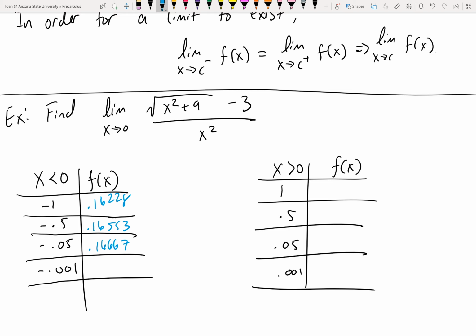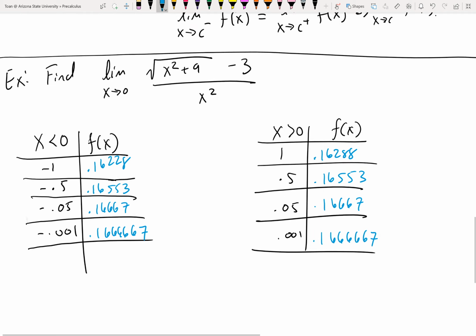Plug in a -0.001, you get 0.1666667. Let's plug in a 1 here. You get 0.16228. Plug in a 0.5. Well, I guess it should all be the same because all those x's are being squared. Yeah, they're all going to be the same because in the function the x is being squared.